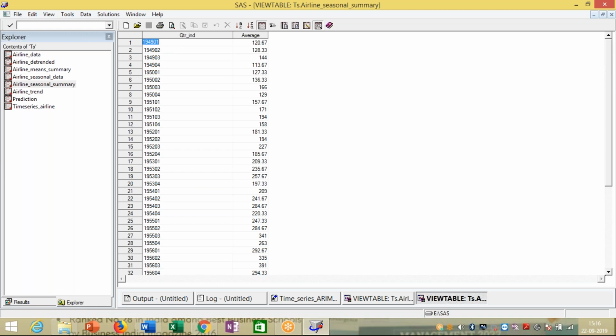1949-01 will comprise 3 months, Jan, Feb, March, then April, May, June, and so on. Over here you see that in the first quarter, third quarter, fourth quarter it goes down, and again it spikes up in the first quarter, goes up in the second quarter, third quarter, and again in the fourth quarter it goes down.